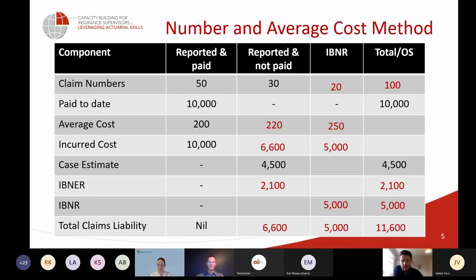It depends on the class of business. Sometimes classes of business, liability class, can take years to be notified, and then it's quite a long time to settle. And there can be very significant inflation there. For health insurance, you can have medical inflation. So there can be factors that push up the average cost. It's usually going upwards, or there could be issues with exchange rates that bring volatility in the average cost. So that's the second key assumption, the average cost.